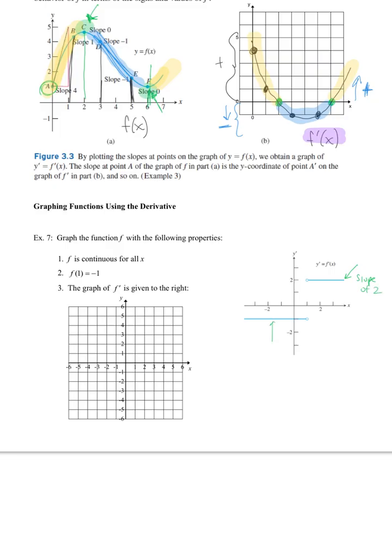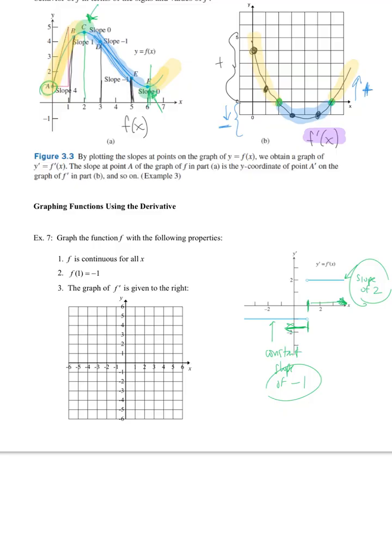And this over here is a constant slope of -1. Okay, so from 1 on, right? When x equals 1, and to the right of that, I should have a slope of 2. And to the left of 1, I should have a slope of -1.